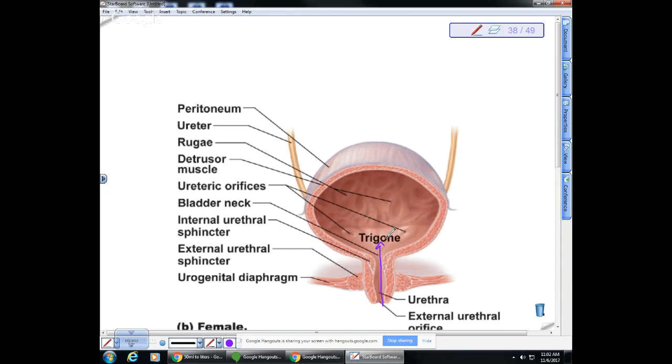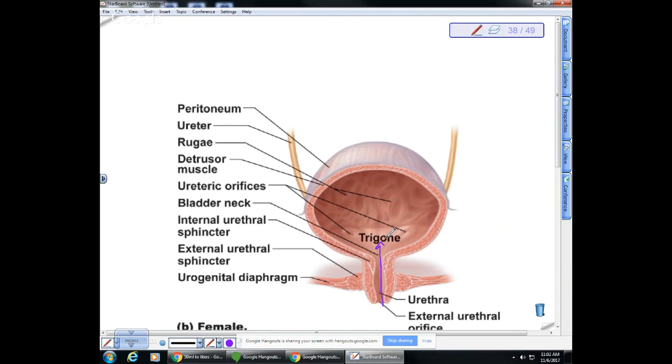So in a female, it's a short catheter that would have to go in through my external sphincter, my internal sphincter. When you give birth, you have to put a catheter in? Generally not, unless you get a C-section, and then they want to make sure that you're getting rid of the urine, so that what they don't want is urine backing up into your kidneys. Do they numb it for a catheter? I don't think so. No.